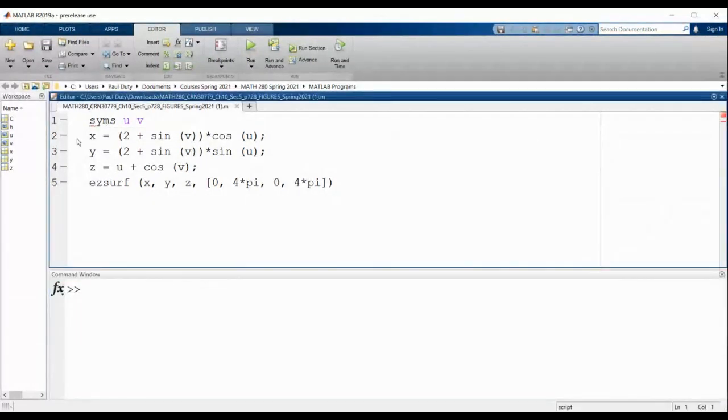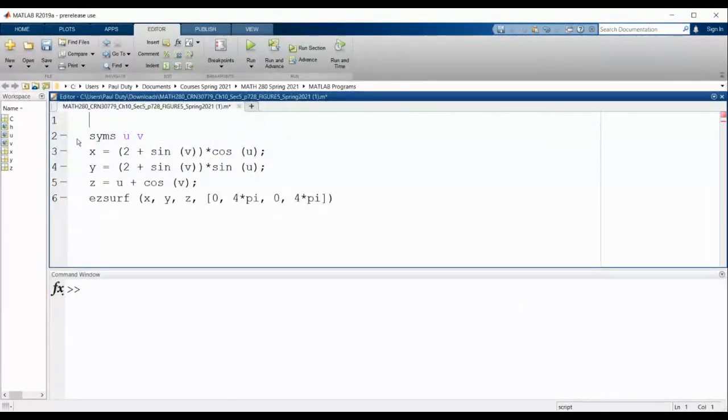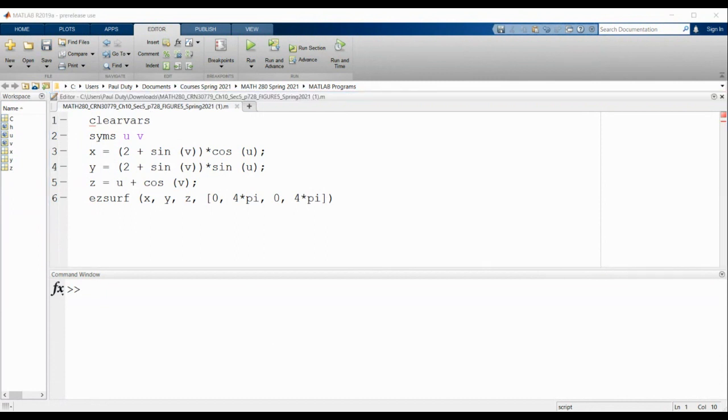Incidentally, you can do something called clear vars, clear variables. What that command does is, if you have any old variables in your workspace on the left, it'll clean those out to make room for the new fresh variables. I think it's helpful to use that command.